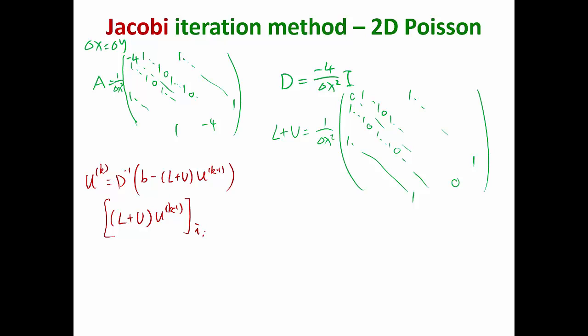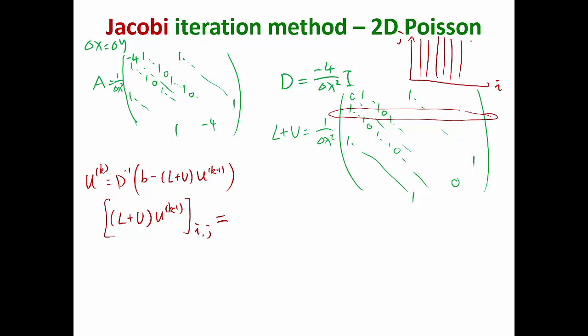Okay, this at I and J is equal to what? If I multiply this matrix, and I look at a particular row of the matrix corresponding to the row I of the grid and the column J of the grid. So this is in the I direction, this is the J direction. We are looking at a grid like this.